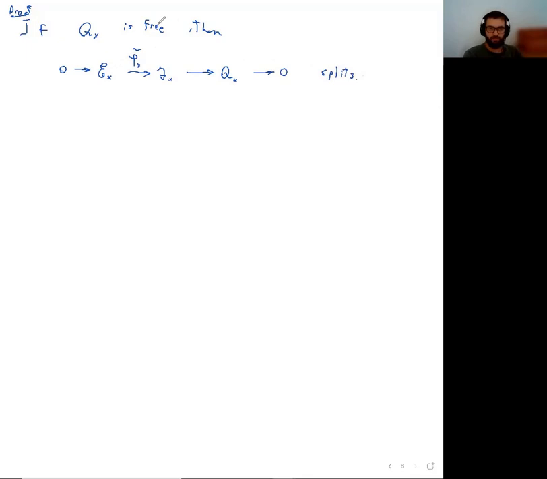This is just a sequence of O_{M,x} modules, so modules over a ring. And we know that if this is exact and the last factor is free, then the sequence always splits. So what does it mean? Well, it means we have inverses.